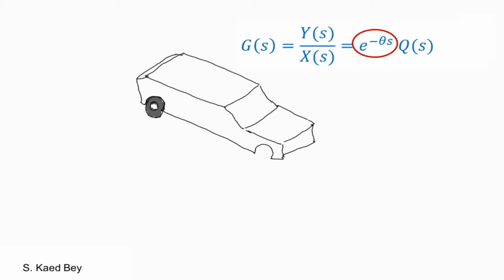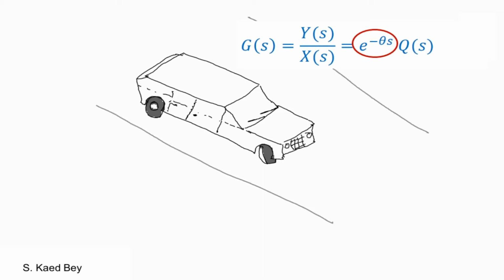The importance of dead time to feedback control can be understood by considering an example such as steering a car in icy conditions fitted with perhaps summer tires. With dead time, the car would not respond immediately after the change in the steering wheel position or angle.